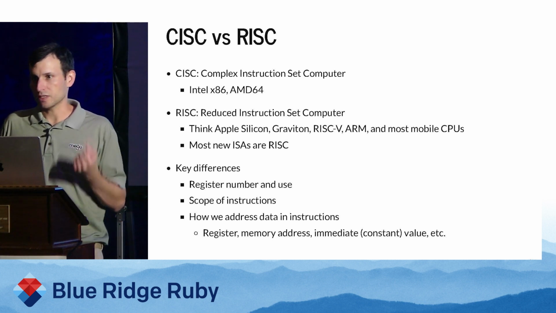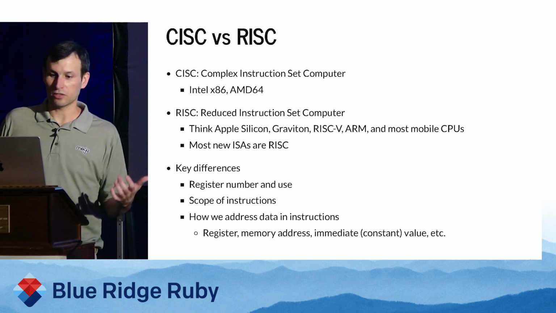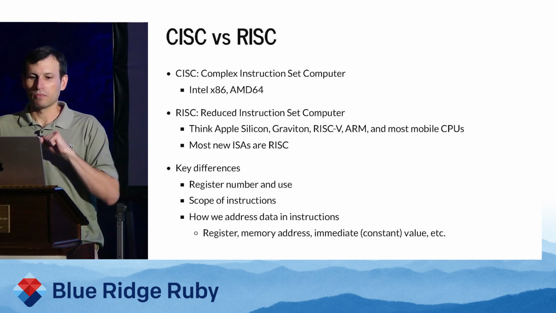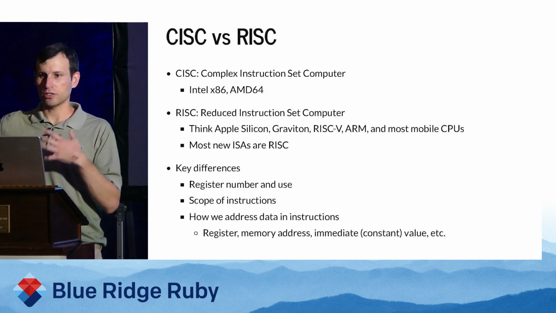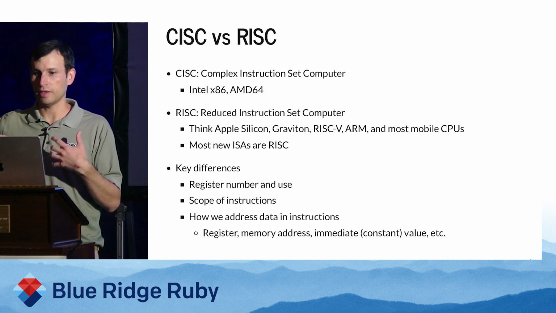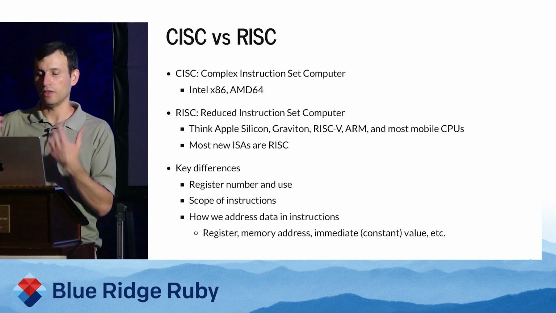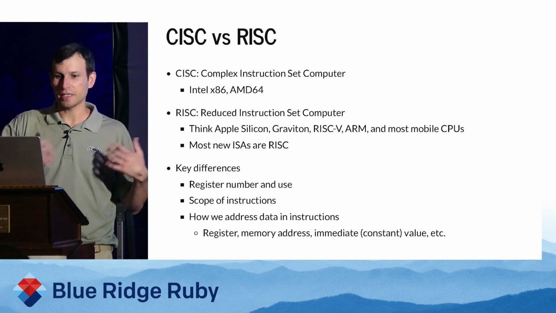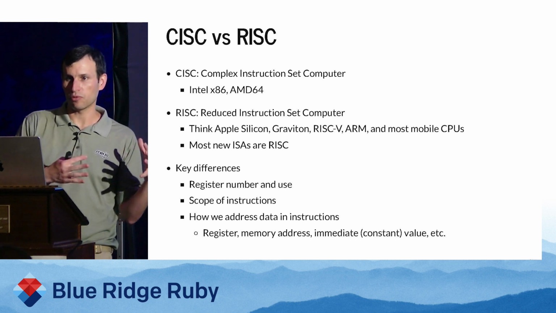And the key differences are how complex the instructions are. I know that seems a bit glib, but in a RISC architecture, the instructions are just simpler. They take up the same amount of memory, and they take the same number of arguments. With CISC, at some point, they were trying to have compressed instructions.